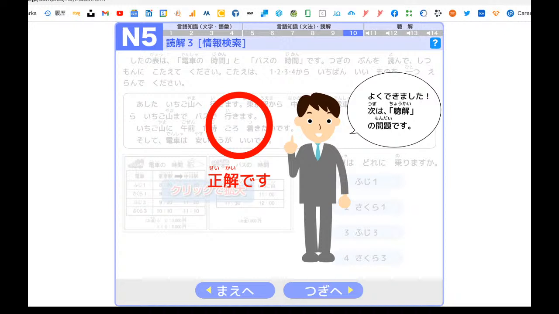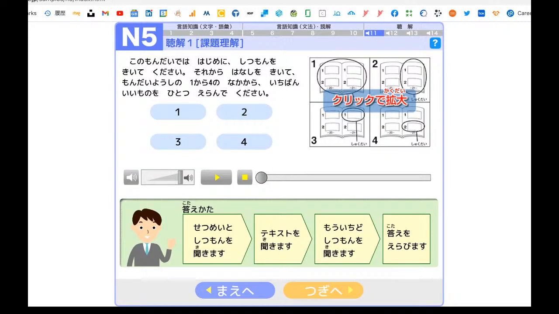Okay. Let's go. So the last part, or listening, I will speak up, so please listen to it and find out the solution. Okay? この問題では、はじめに質問を聞いてください。それから話を聞いて、問題用紙の1から4の中から一番いいものを選んでください。Okay? So you need to listen carefully and understand the question and also the options.